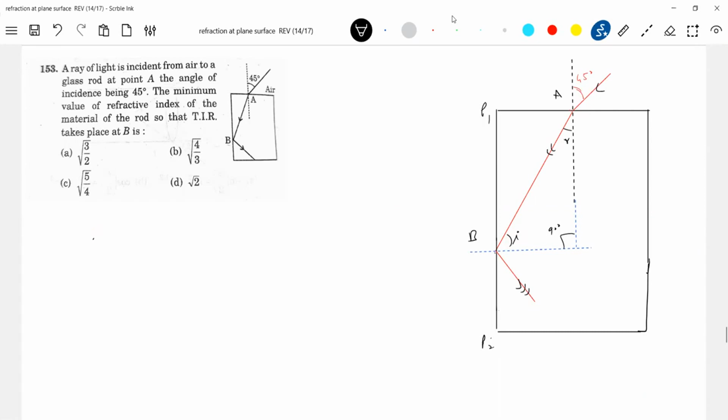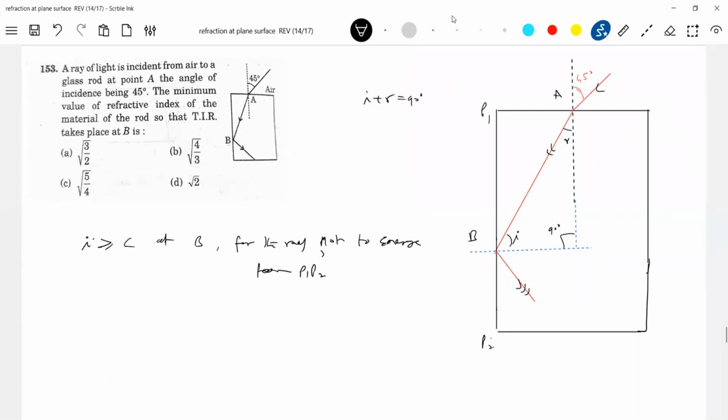So first, what is the basic necessary condition? I must be greater than or equal to the critical angle at B for the ray not to emerge from P1 P2. So here I plus R should be 90.